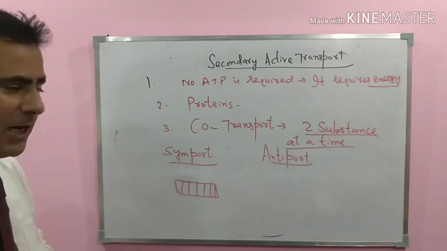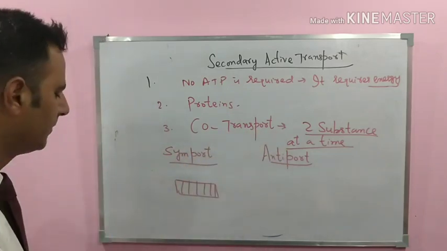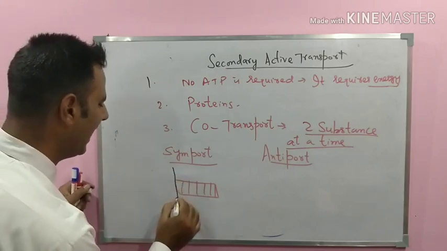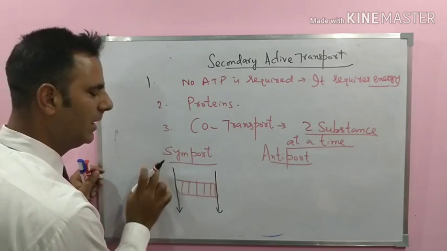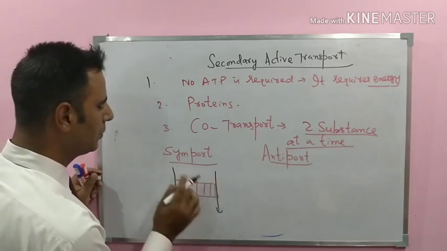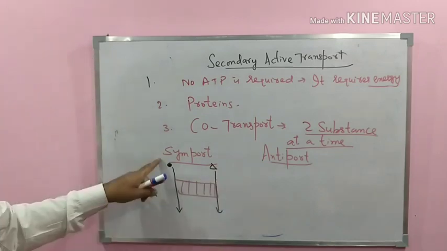Symport involves the transport, co-transport, of two substances, but in the similar direction. For example, this is the direction from outside of the cell to the inside. The direction of substances is exactly the same. This is symport.